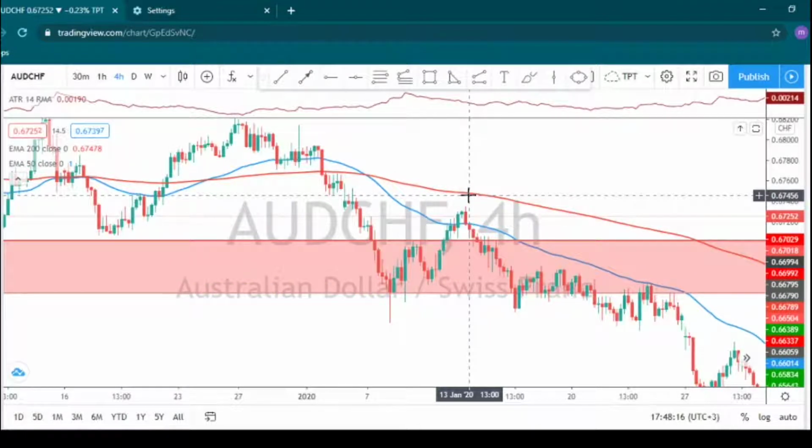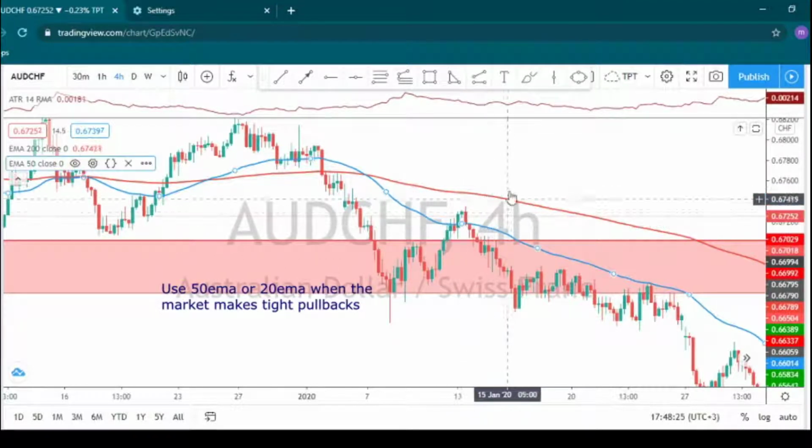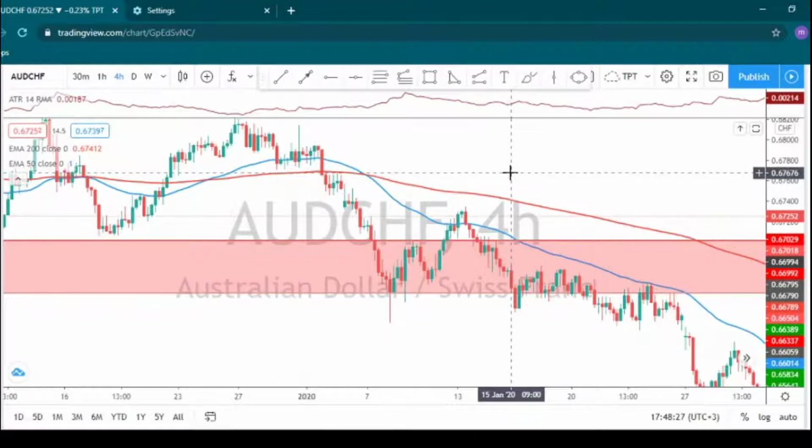This is where you use a higher exponential moving average. And when the market is making tight pullbacks, you can use 50 EMA or even 20 EMA. And now in this strategy, I combine a fast moving average, which is the 50 EMA in this case, and a slow moving average, which is the 200 EMA.